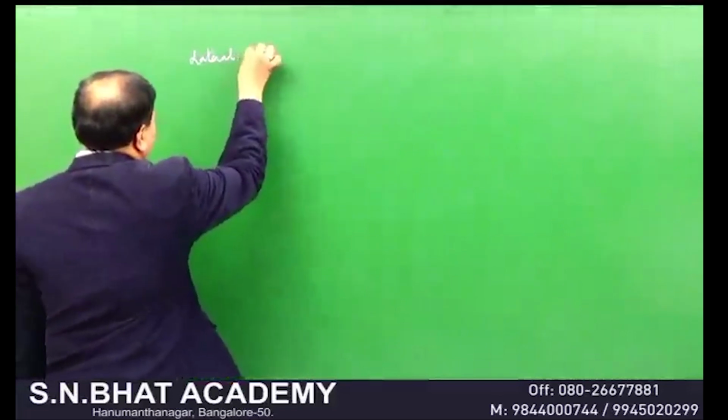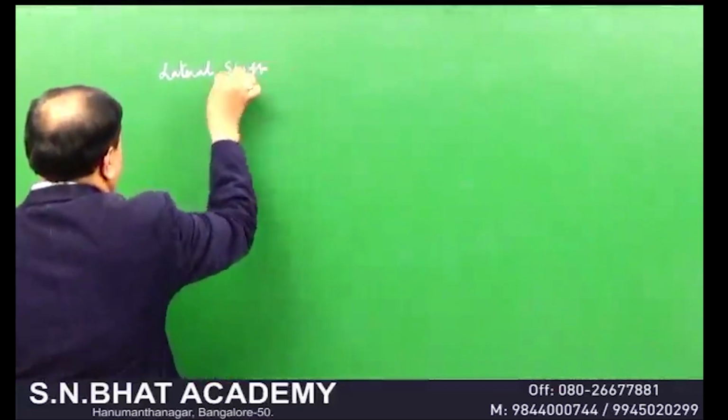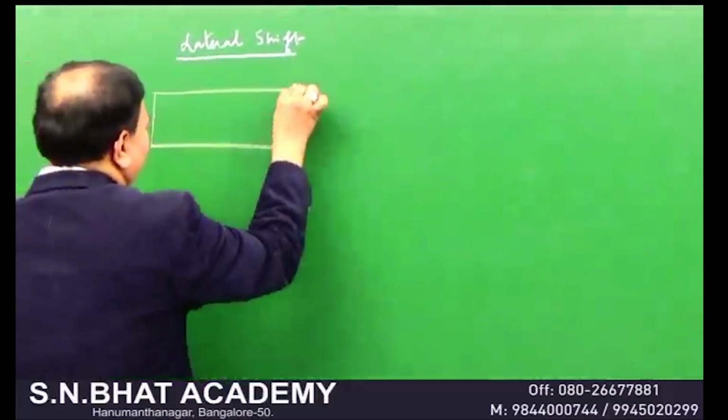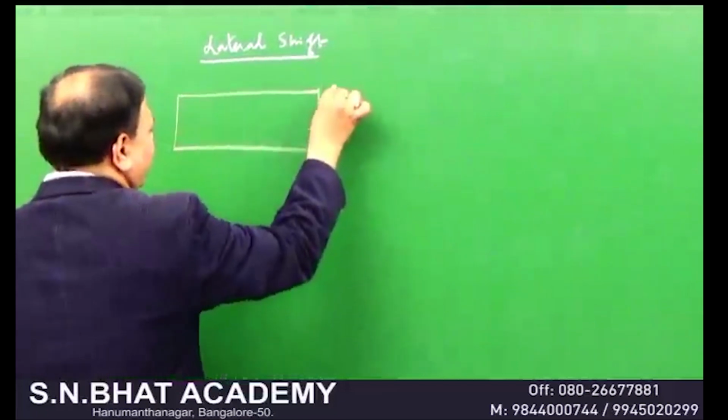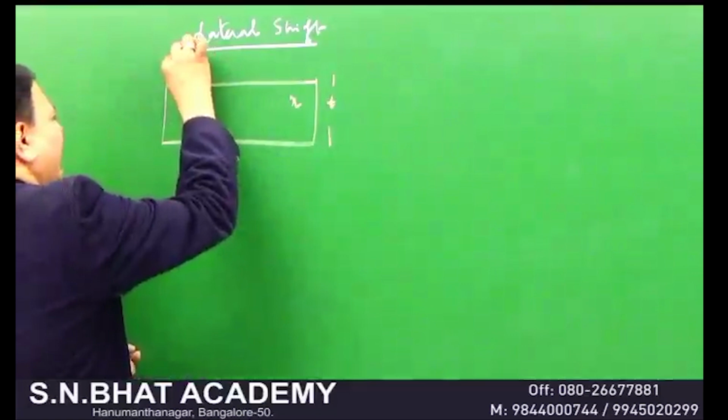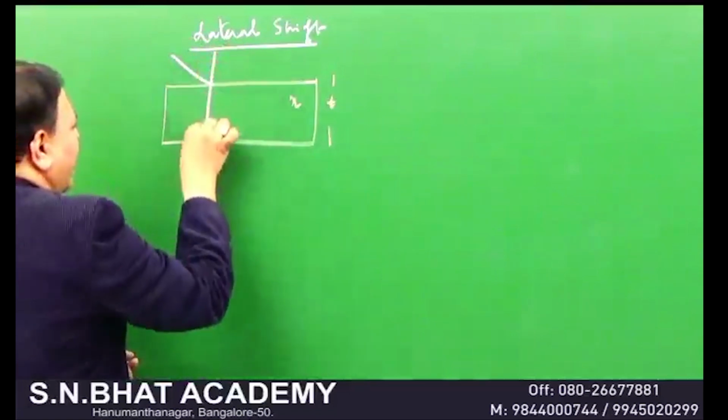Again, we come to this lateral shift. So you know the meaning of lateral shift. It is laterally the ray of light is shifted. This is a slab, as you know, whose thickness is t, refractive index is n. When you allow the ray of light to fall on this, this is a normal.